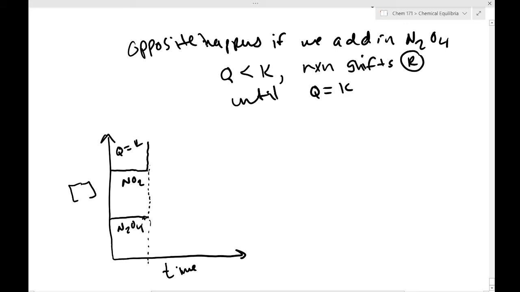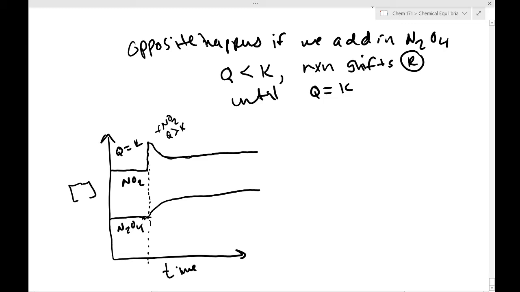So at this point, since we're adding NO2, that means that Q now is greater than K. And this will slowly start to slope back down to reach a new equilibrium concentration that's different than the first. And the N2O4 during this phase will also slowly increase to reach a new concentration.